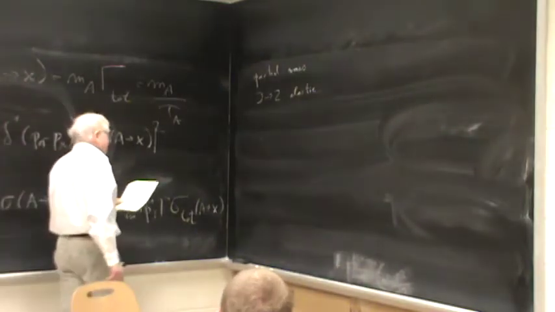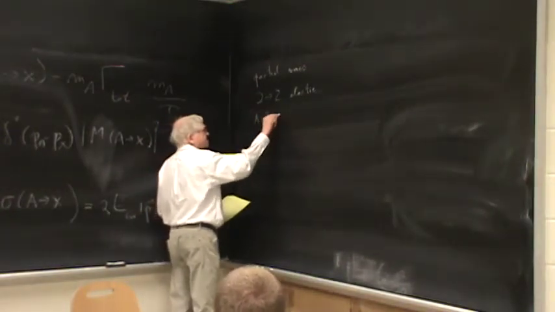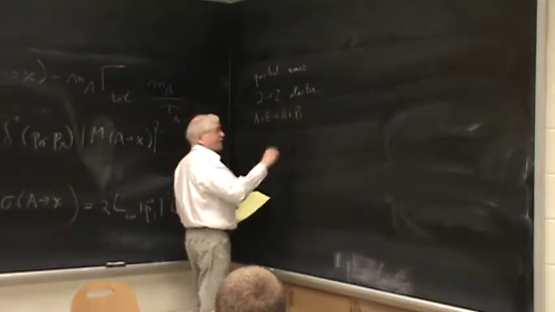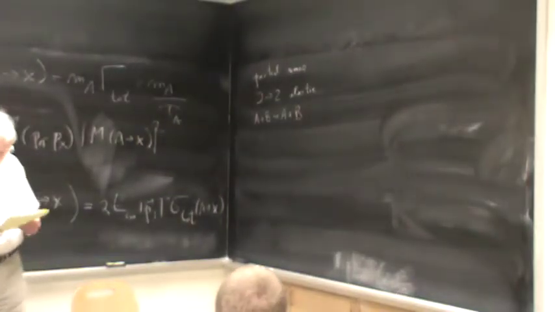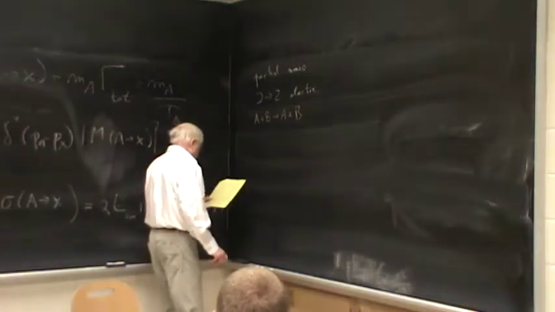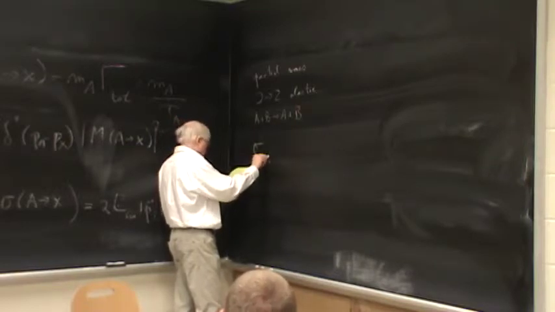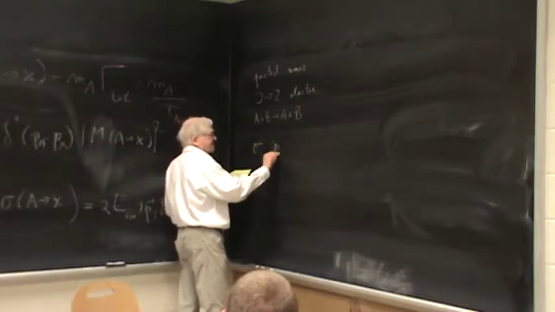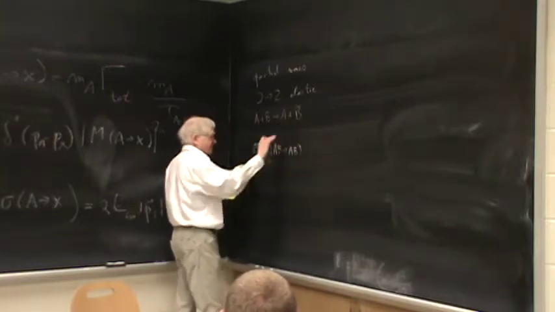And in fact, we're thinking of A plus B goes to A plus B, so we also have the same particles in the final state. All right. So what do we know? Well, first, I'm going to write this as AB goes to AB, by which I mean this.